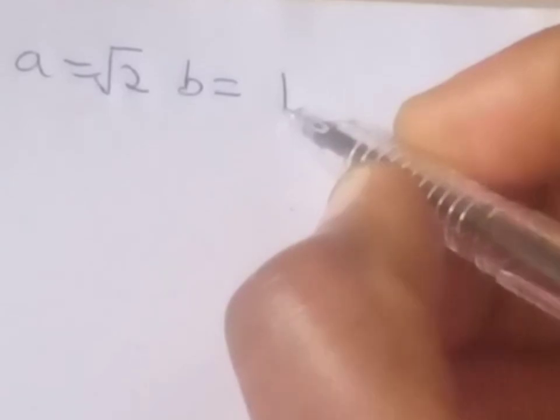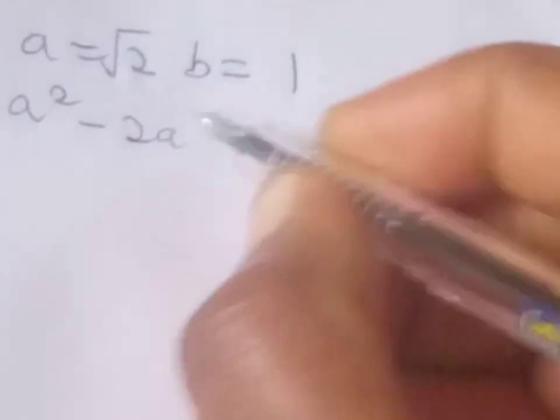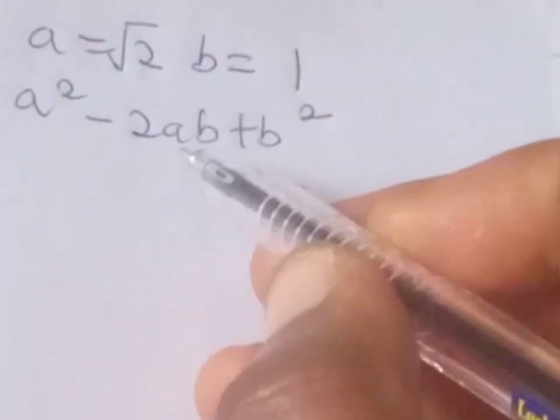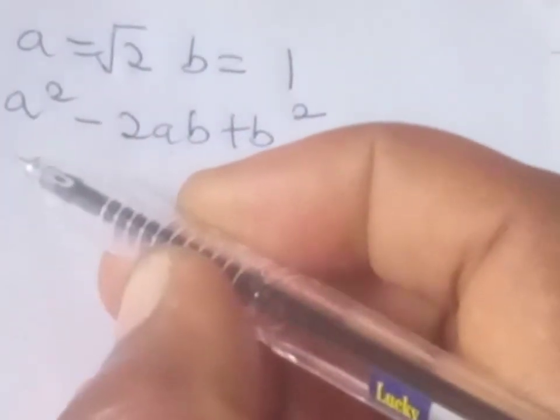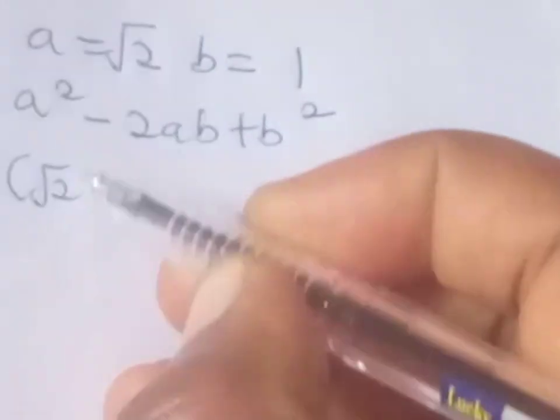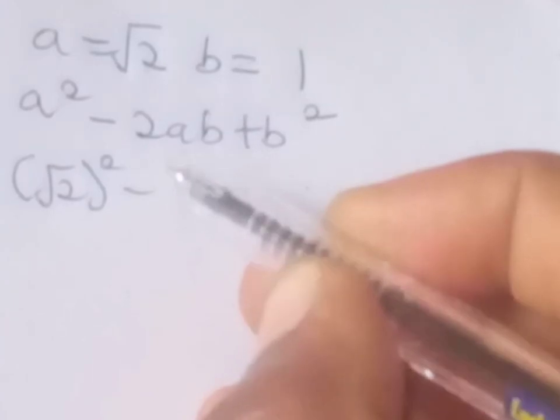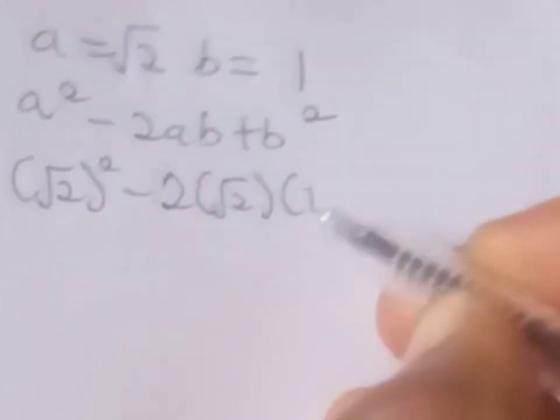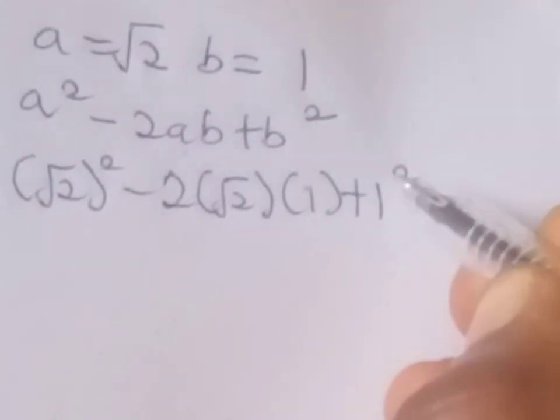The next thing is, let's choose a equals root 2 and b equals 1. Using our algebraic identity, that is a squared minus 2ab plus b squared, let's substitute this, which will give us root 2 squared minus 2 times root 2 times 1 plus 1 squared.